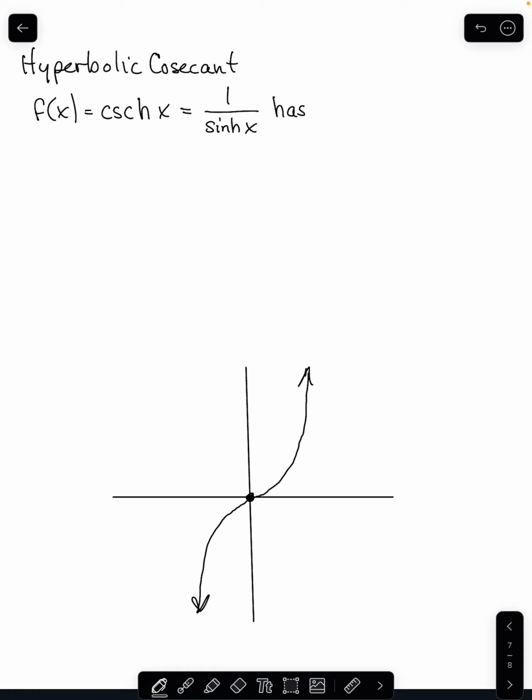So the domain of hyperbolic cosecant is everything except for 0. Likewise, the range must also be everything except for 0.